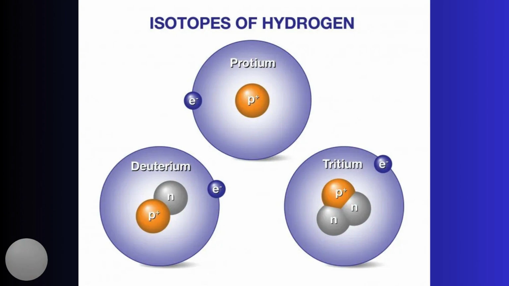Protium, from the word pro, has one proton and an electron. Deuterium, from the word deu, meaning two, has in its nucleus one proton and one neutron. Tritium has one proton and two neutrons.